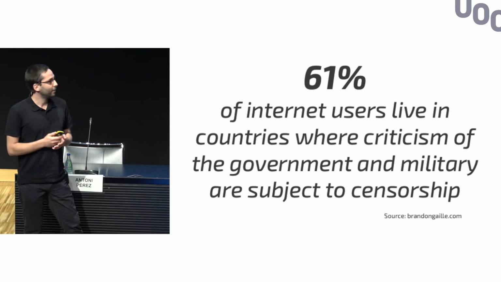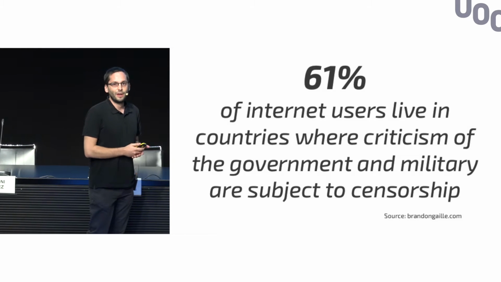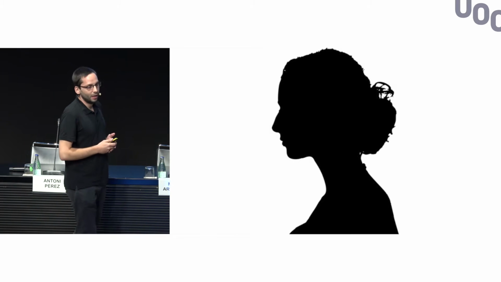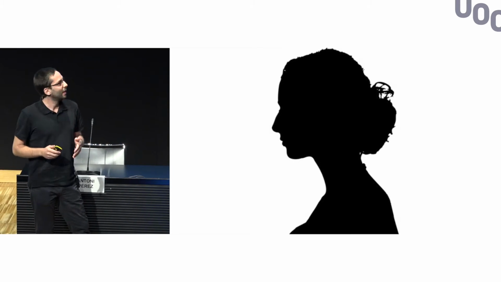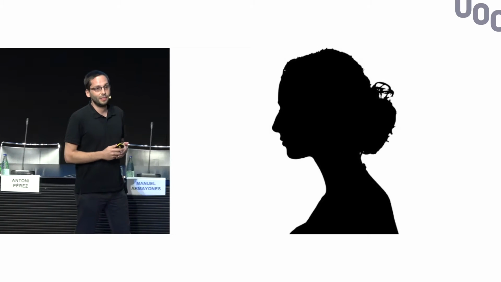And now, I would like to show you why it is difficult to preserve anonymity online. I would like to do it using some schemas. In these schemas, I'm going to use the image of this girl to represent a normal internet user.